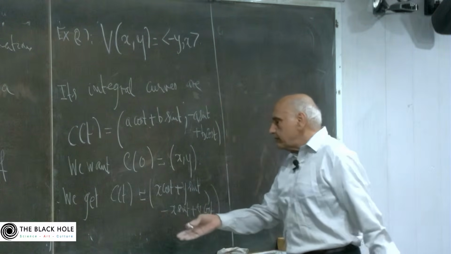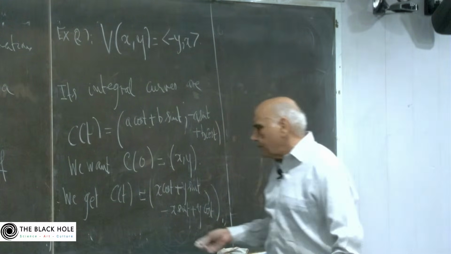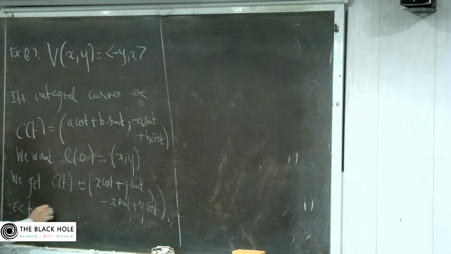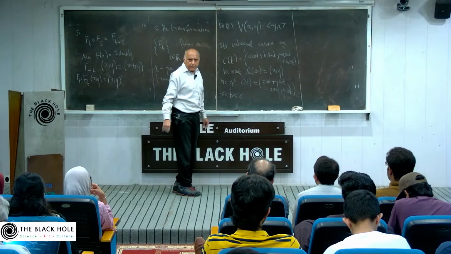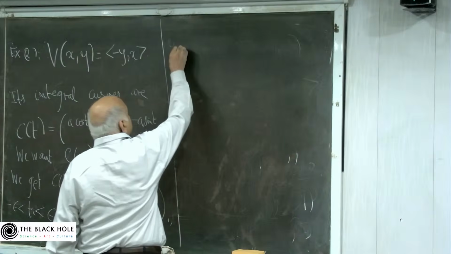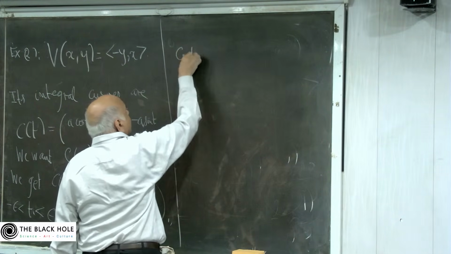Here again t can be defined from minus epsilon to epsilon, but in this case t is defined for all values.